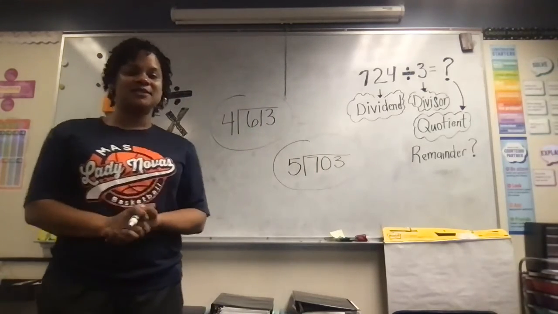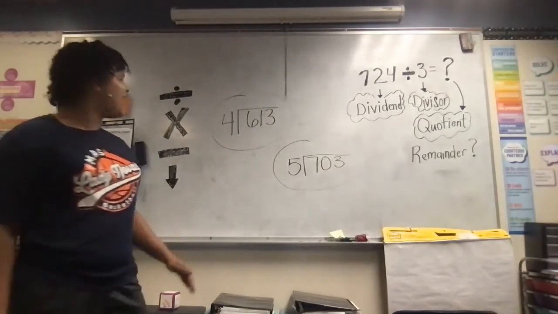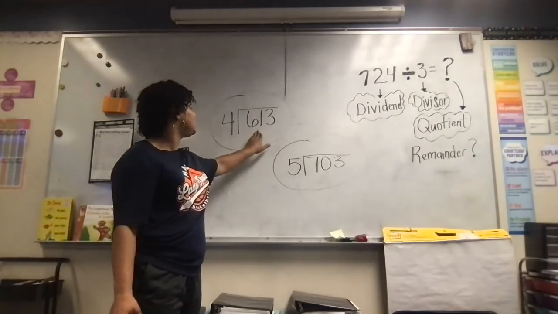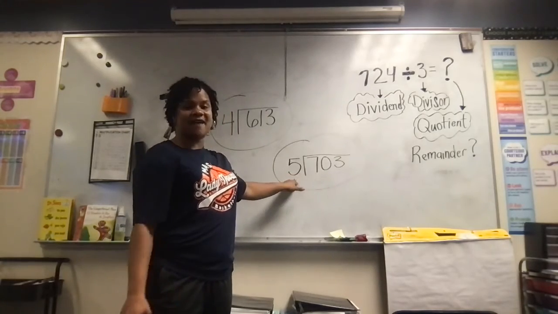Do those two problems at home. And bonus, if you check your work with them, all right? Again, you have 613 divided by 4, 703 divided by 5.